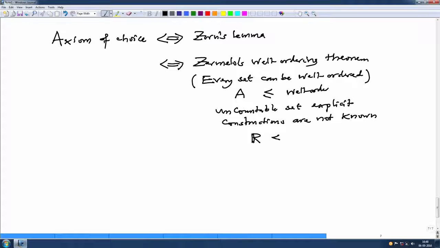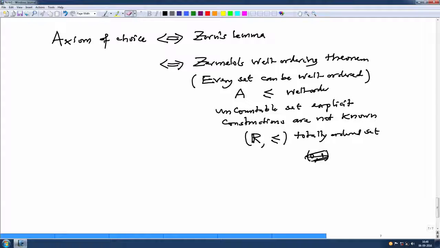We know the usual less than or equal to is an order, and this is a totally ordered set, but it is not a well order, because if you take a subset like the open interval (0,1), there is no minimum.